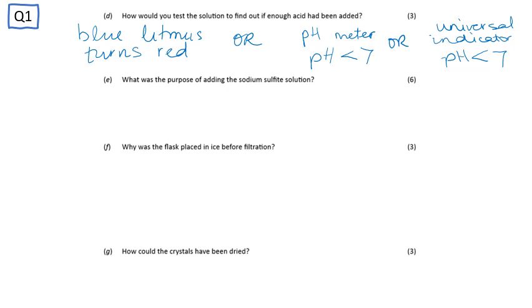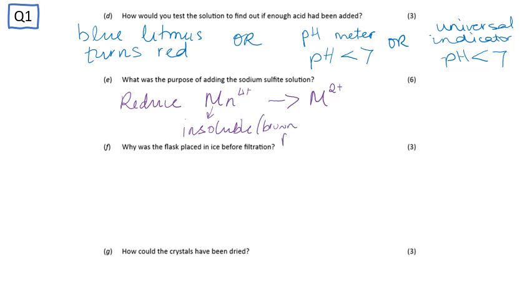It's added to reduce, so that's a key word, reduce the manganese 4+ from MnO2 to the manganese 2+ ion. This is insoluble in our solution, and it gives a brown color, a brown precipitate. The manganese 2+ ion, however, is soluble and we get a colourless solution.